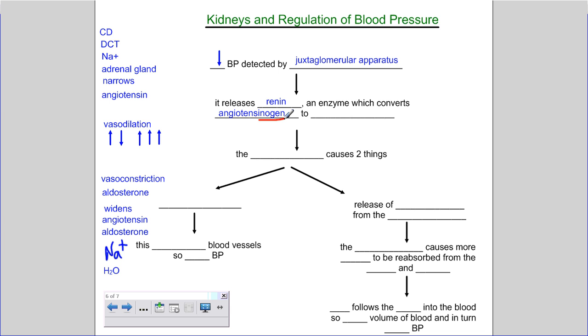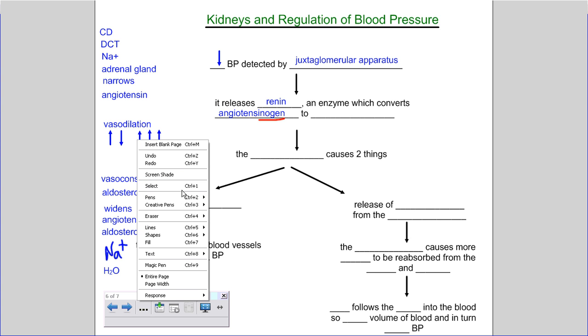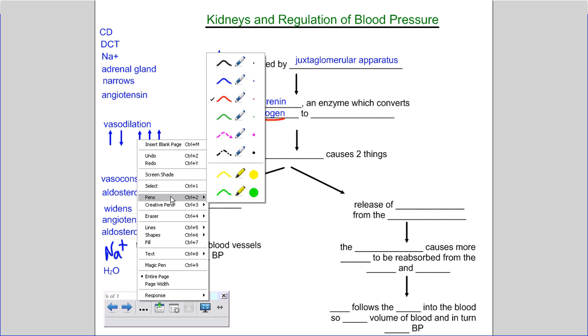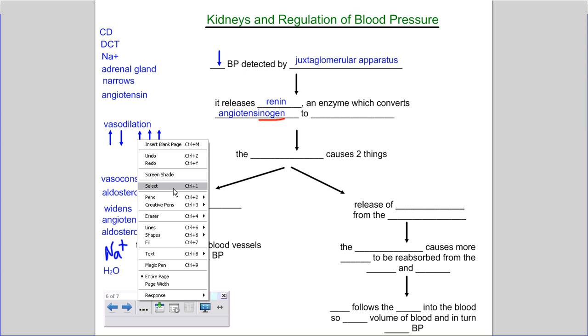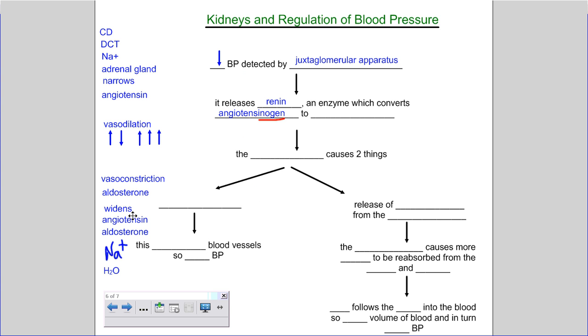The ogen at the end is an ending that kind of lets you know that it's an inactive form. So when the enzyme acts on it, it converts it to the active form, which would be angiotensin. Okay, so if we break the word apart, angio refers to vessel, and tensin, think tension, pressure.